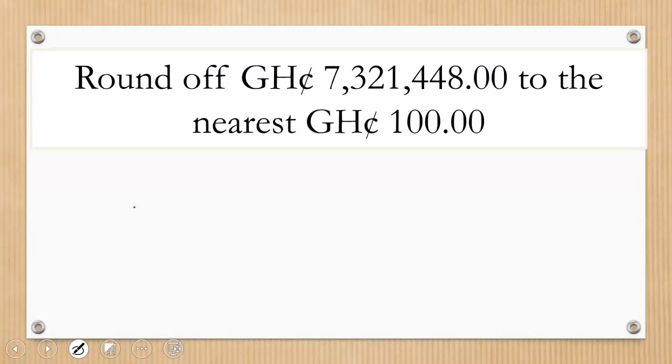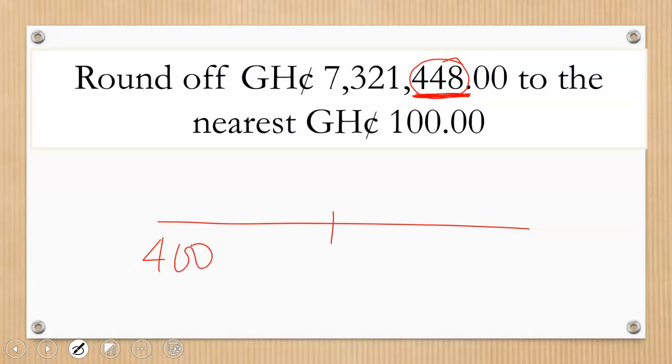The nearest 100, we are focusing on this number. This is where we see the 100, right? This number will be called 444. So we are going to round this number to the nearest 100. We know our hundreds go like this: 100, 200, 300, 400, 500, 600. Which of these hundreds is this number close to? If I draw a number line with 400 here and 500 here, in between should be 450.